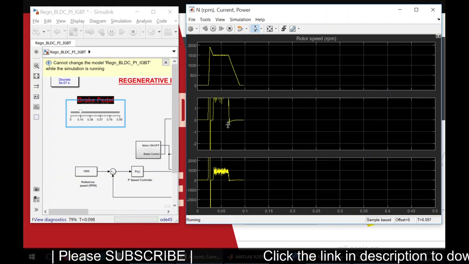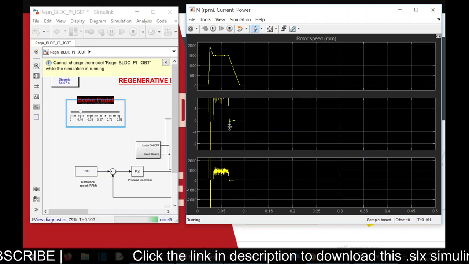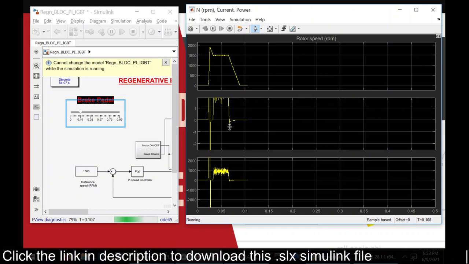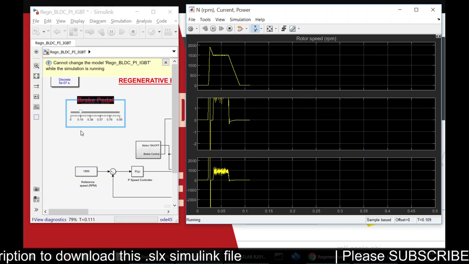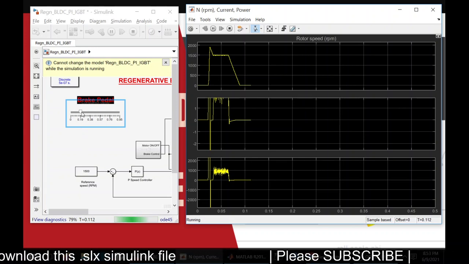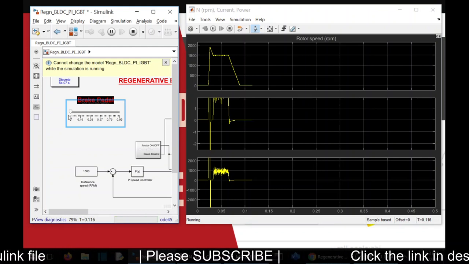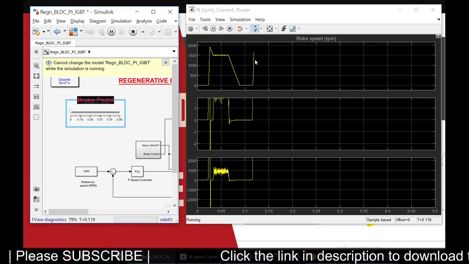So here you can see the regeneration happening. See, the current has flown to the lithium ion battery in the reverse direction. Now I'm going to run the motor again by releasing the brake, right? Again, my current is increasing.